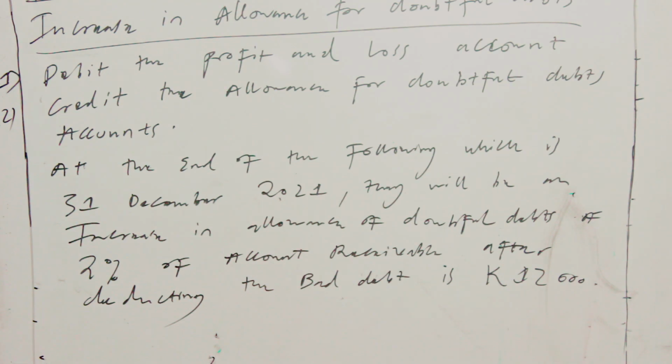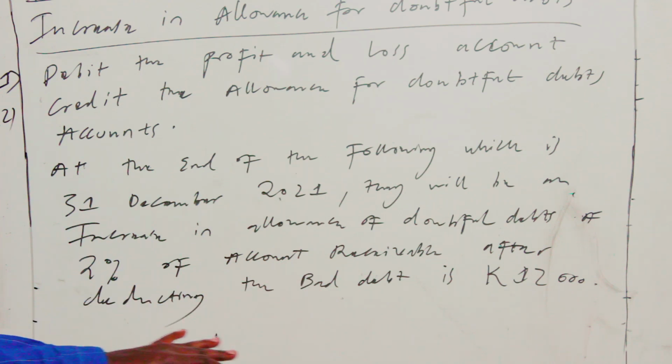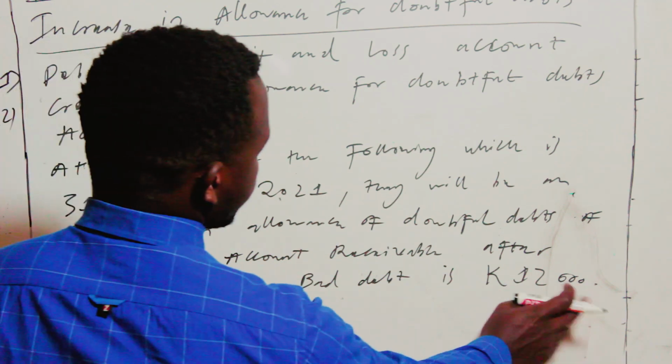So the accounts receivable after deducting the bad debts has increased to 12,000 from 10,000.